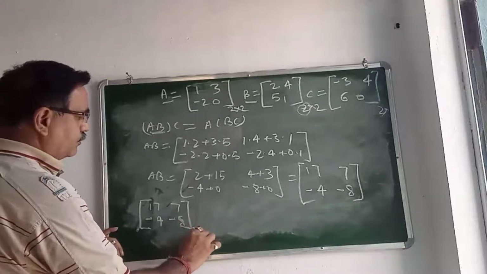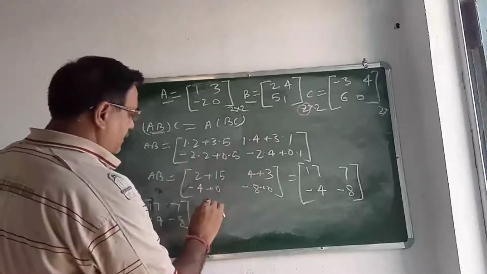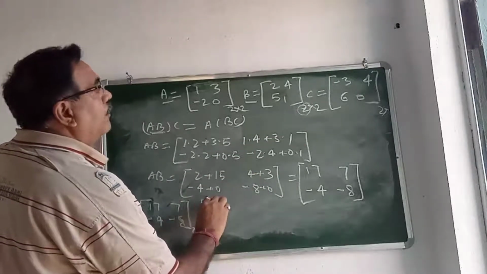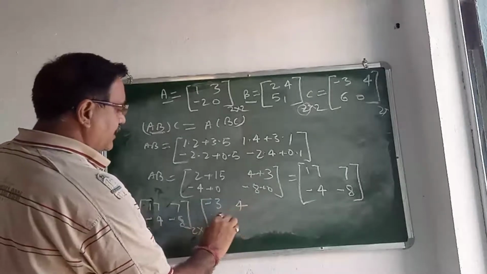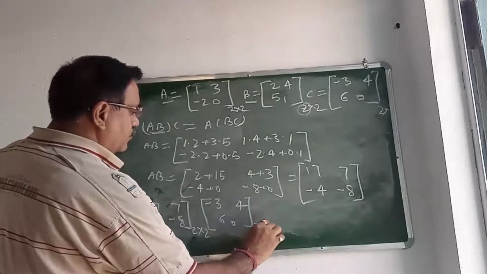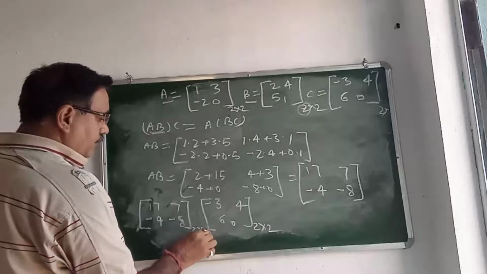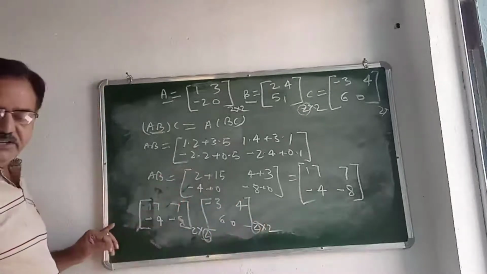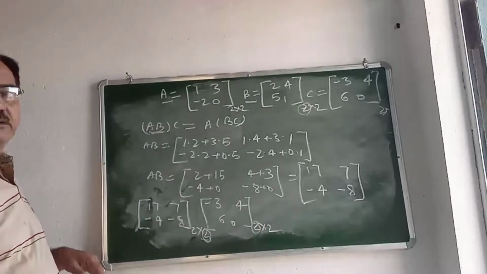Now ABC. AB is 17, 7, minus 4, minus 8, of order 2 by 2, and C matrix is minus 3, 4, 6, 0. This is also 2 by 2, so the column of the first is equal to the row of the second. Again multiplication.